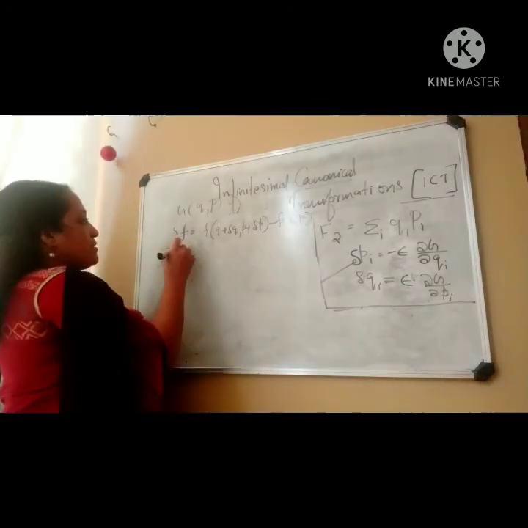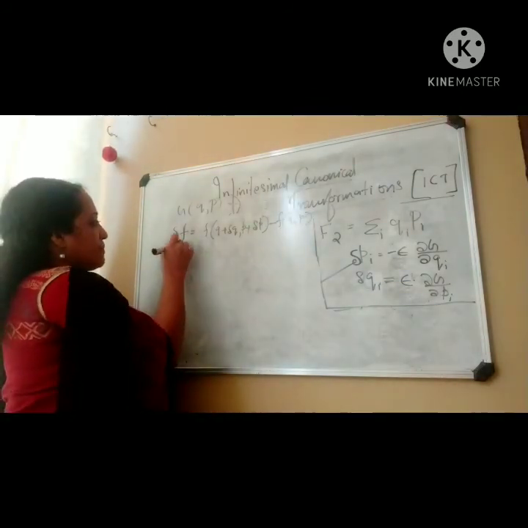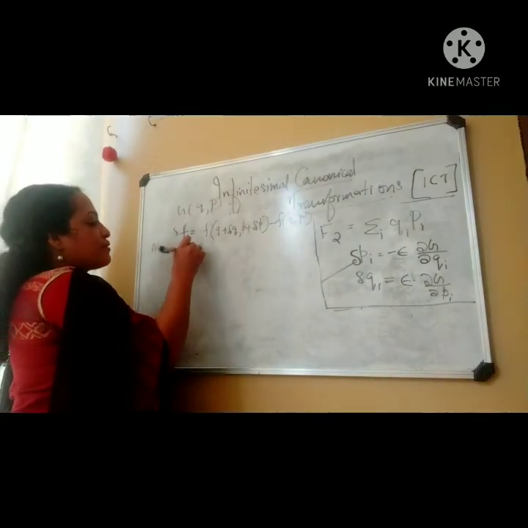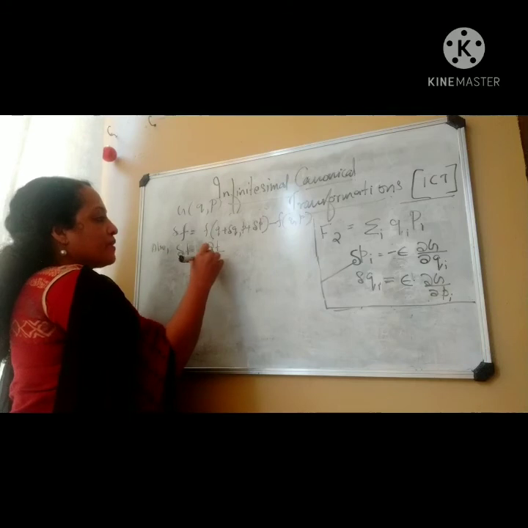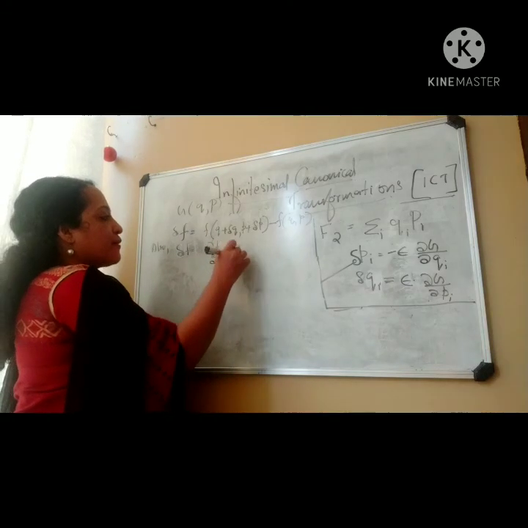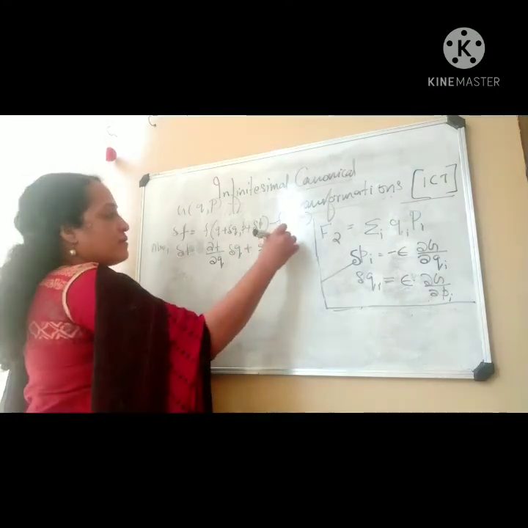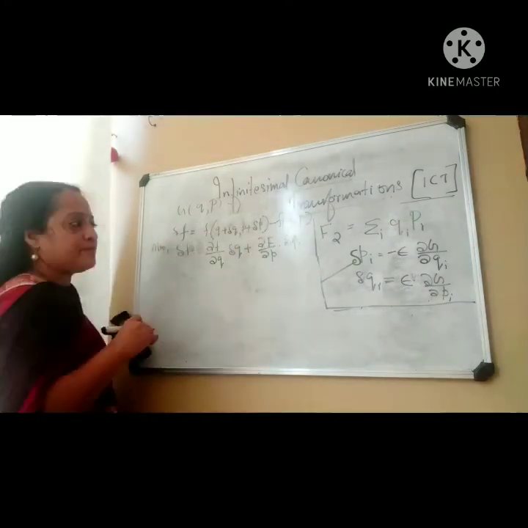Also, since f is a function of q and p, we can write delta f as equal to dou f by dou q into delta q plus dou f by dou p into delta p.